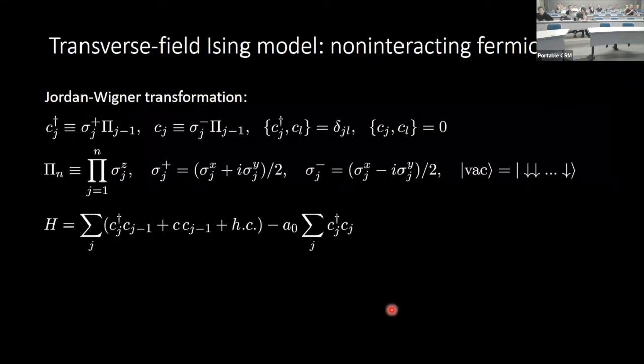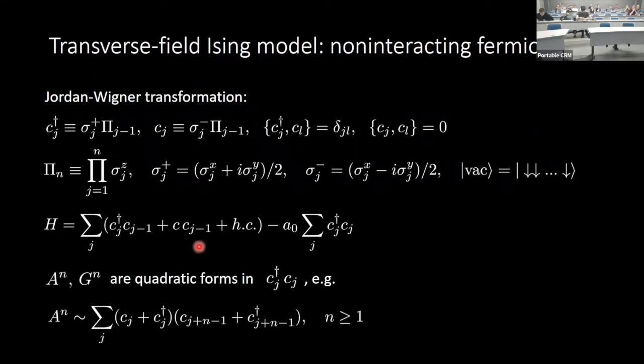Of course, we know that the transverse-field Ising model is equivalent to non-interacting fermions. Here I briefly sketch the map between the spin representation and the free fermionic representation of the model. The result of this map is this Hamiltonian, quadratic in fermionic operators.